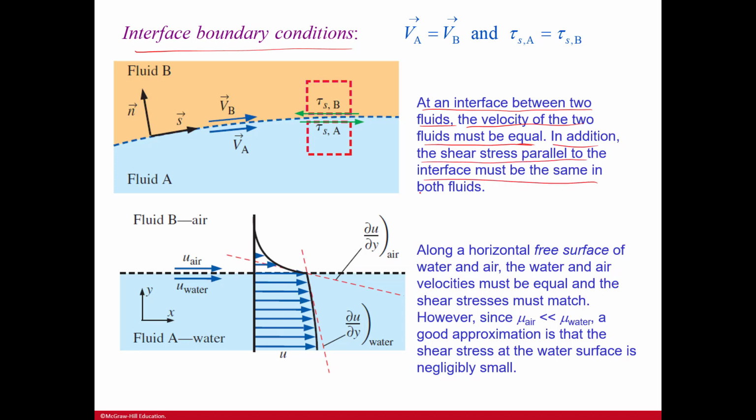Along a horizontal free surface of water and air, the water and air velocities must be equal and the shear stresses must match. However, since air is much less viscous than water, a good approximation is that the shear stress at the water surface is negligibly small, so we just omit it.